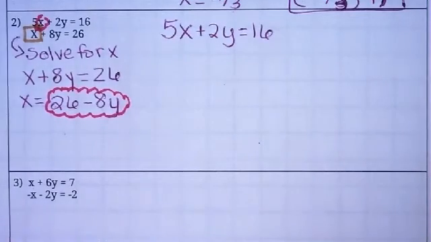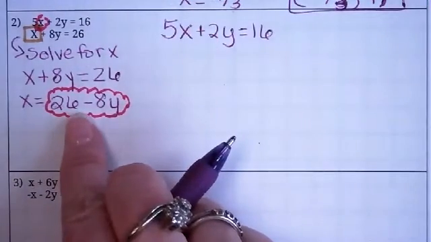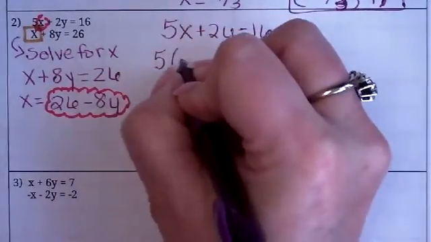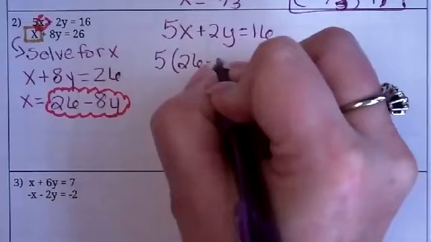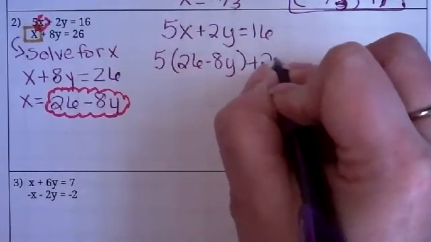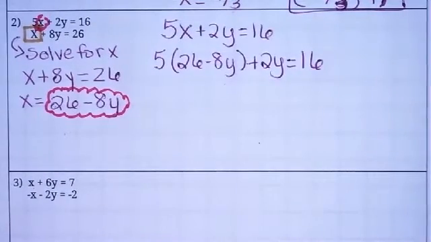Now I'm going to replace x with all of this. So what I'm going to have is 5 times 26 minus 8y plus 2y equal to 16.